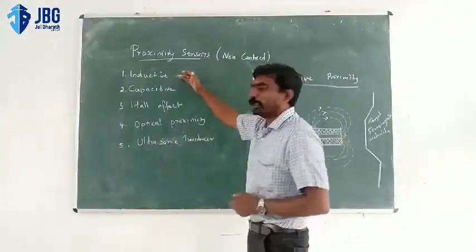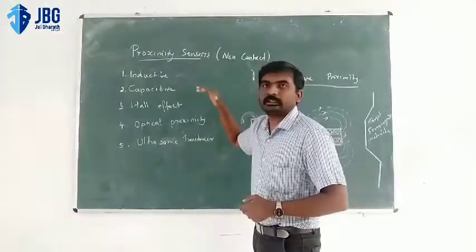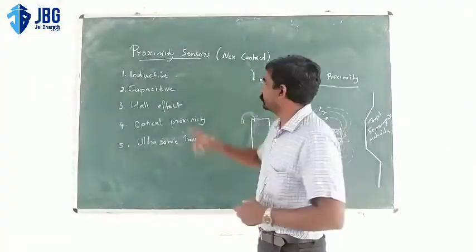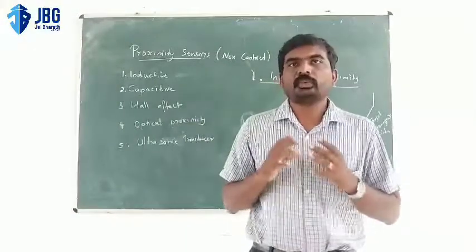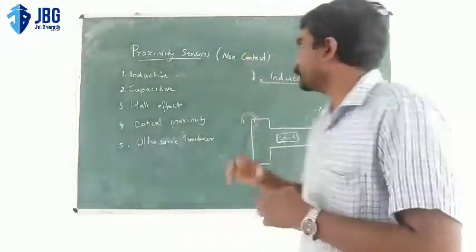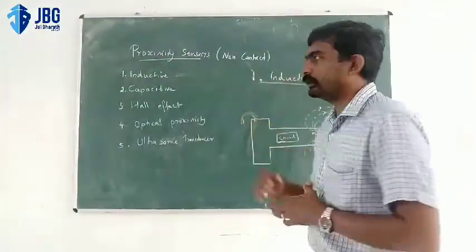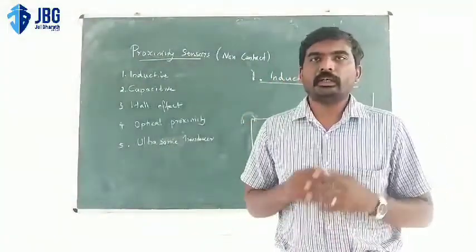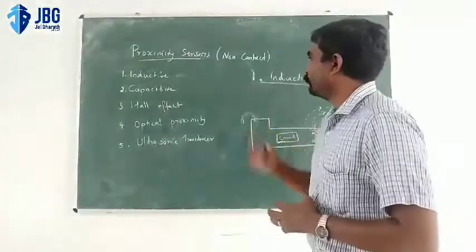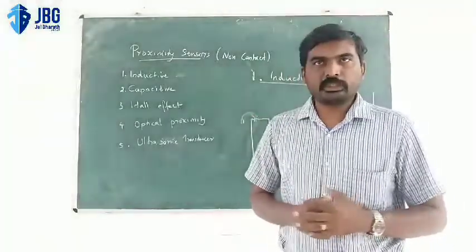We have 5 types of categories under proximity sensors. First one is the inductive proximity sensor. Second, the capacitive proximity sensor. Third, the Hall effect proximity sensor. Fourth, the optical proximity sensor.